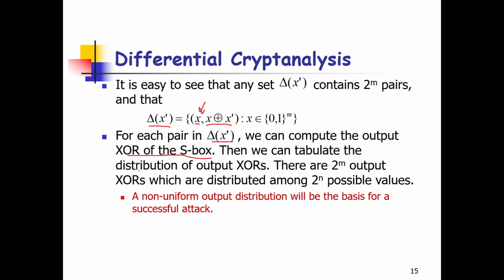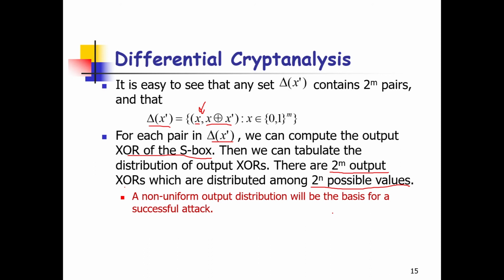Then we can tabulate the distribution of the output XORs. There are 2 to the power m output XORs which are distributed among 2 to the power n possible values. This is known as a differential trail, and if such a thing exists, then it is possible for the attacker to attack this. Otherwise, the ciphertext is secure under differential cryptanalysis.